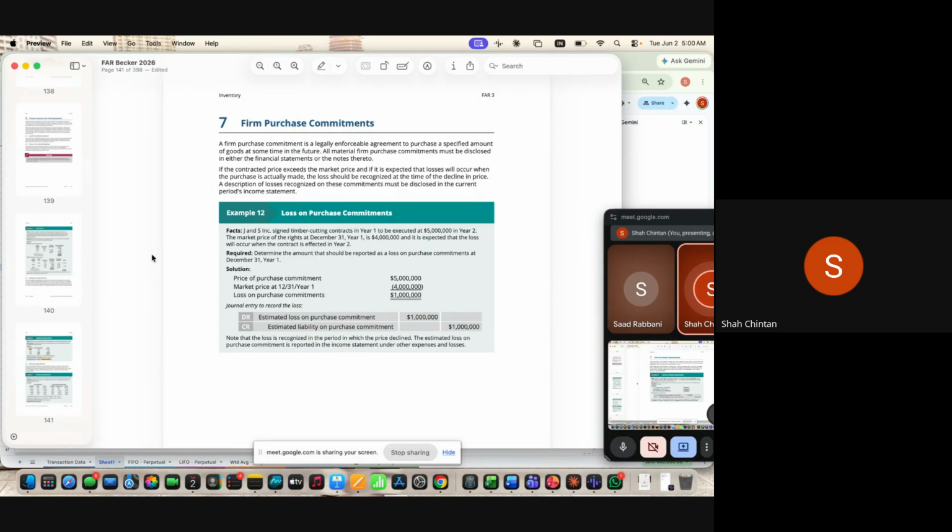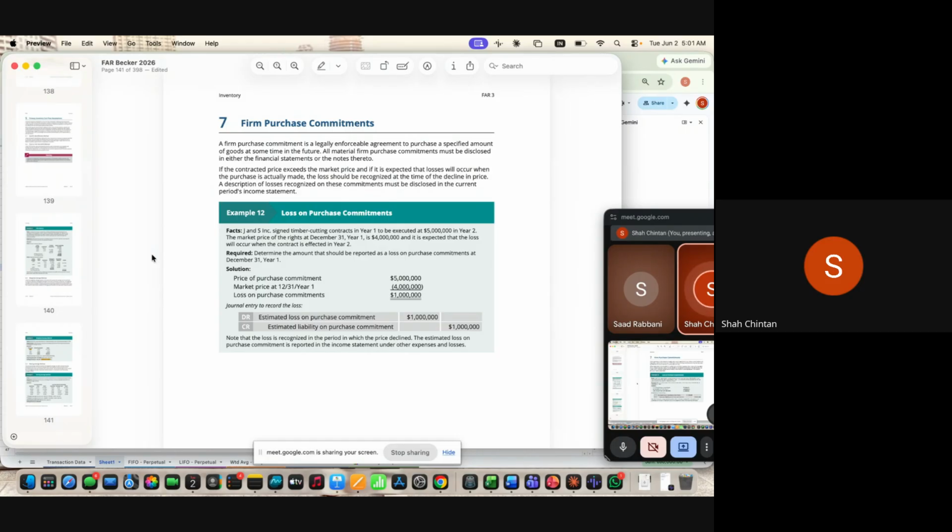J&S Incorporation signed a timber cutting contract in year one to be executed for $5 million. So you have a firm commitment, a legal contract, that you will pay $5 million, whatever happens. Now in year two, the market price of the rights at the end of the year is 4 million. So now when you have to honor this contract, the market rate is actually only 4 million.